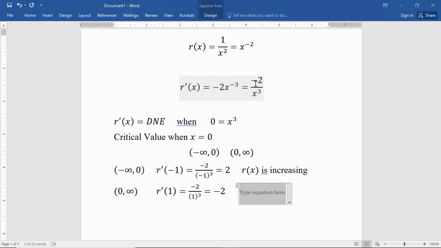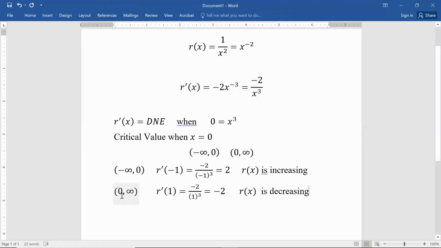So r of x is decreasing on the interval from 0 to infinity. Now, we may say, well, r of x is increasing, and then r of x is decreasing. And if we're not careful, we could end up thinking that going from increasing to decreasing must look like this and give me a maximum.